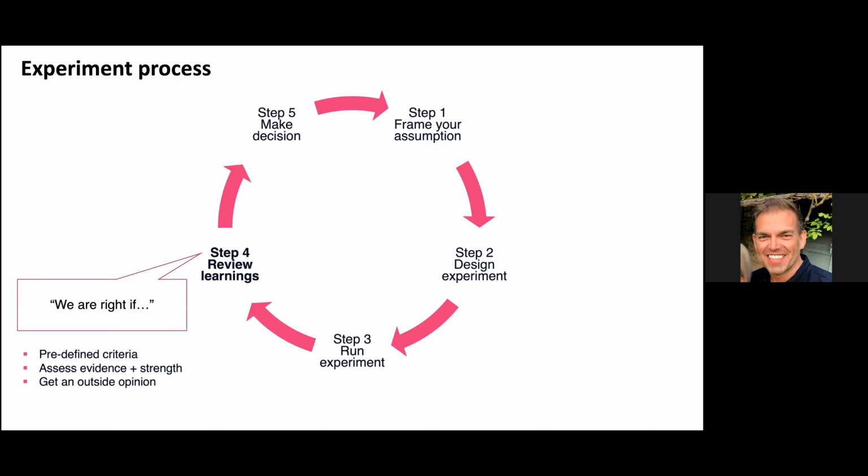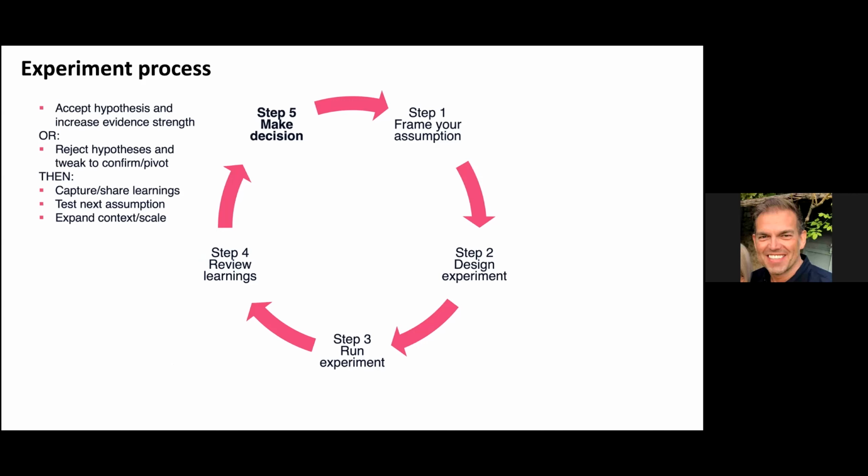You assess the evidence and strength, and then potentially get an outside opinion and start to challenge even more. And then step 5, make a decision: accept the hypothesis and increase evidence strength, or reject the hypothesis and tweak or retest to confirm or pivot, and then capture and share the learnings, test the next assumption, and expand the context and scale.